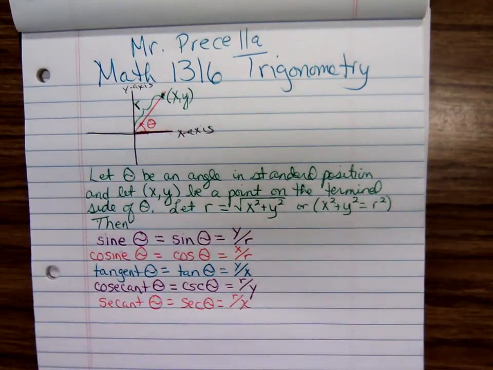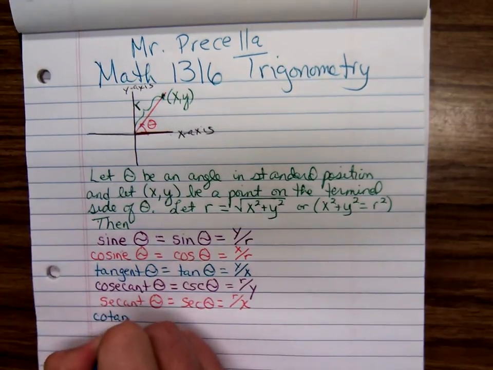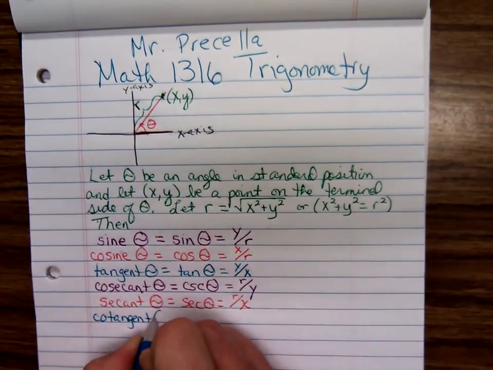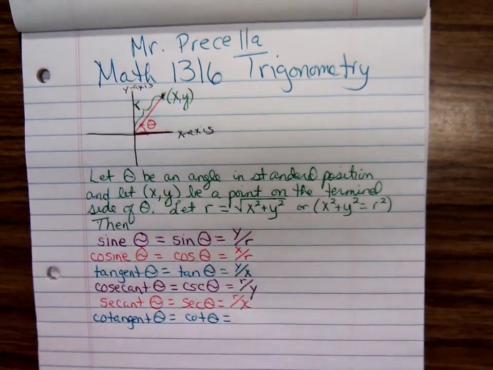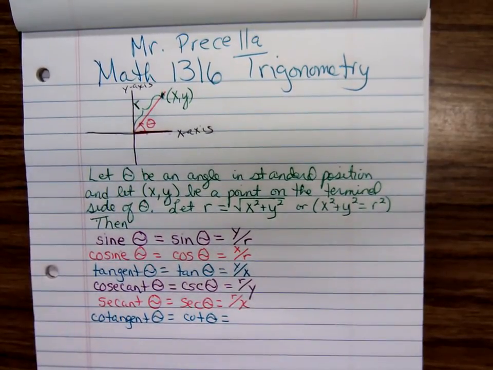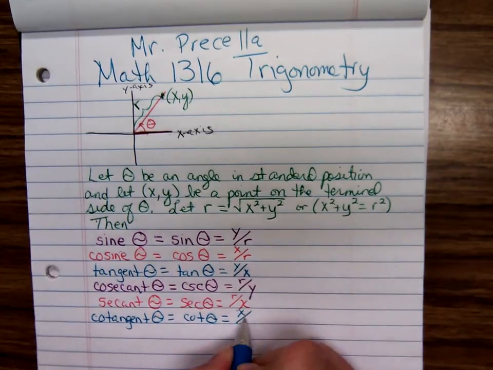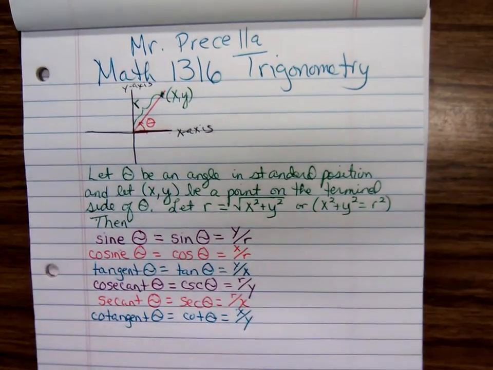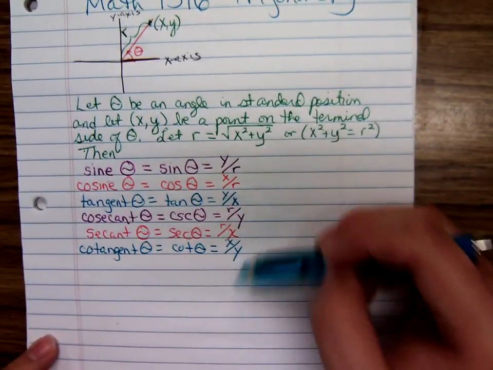And cotangent theta, COT theta, is, by process of elimination, you can figure out it's going to be the reciprocal of something. It's going to be the reciprocal of tangent. That's the only one we haven't done a reciprocal of. So we have the three primary functions and their reciprocals.